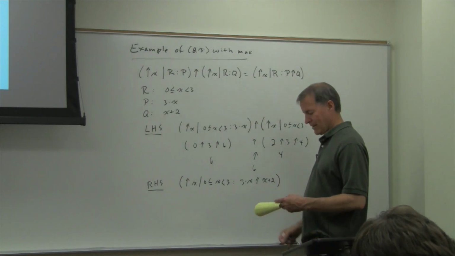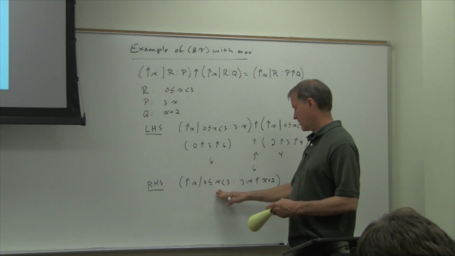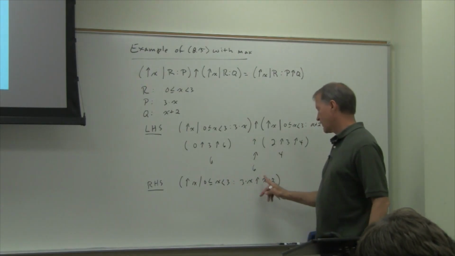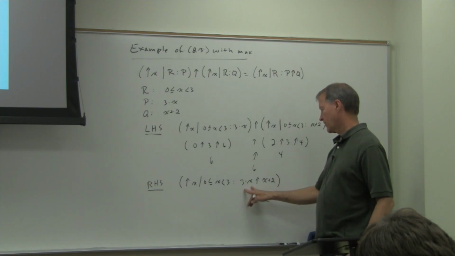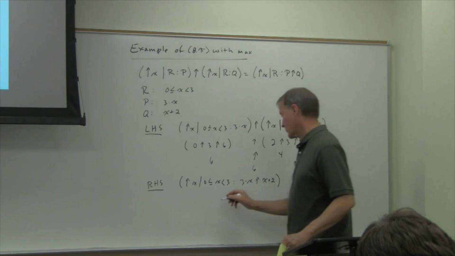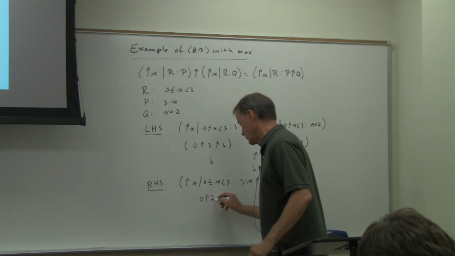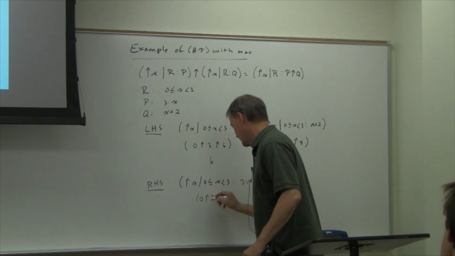Okay. All right, so what are the possible values of x here? 0, 1, and 2. So if it's 0, what do we have here? 0 max 2. Are you with me? And then what?